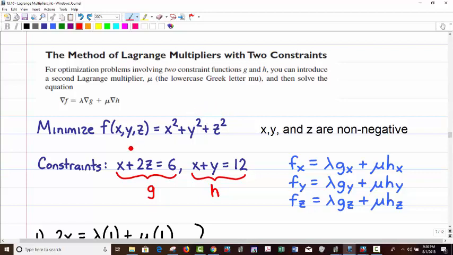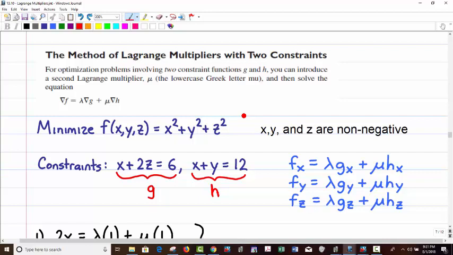So let's minimize this function, x squared plus y squared plus z squared. Now we're saying these are non-negative, so be careful here. Non-negative means 0 is possible. So we do not want to divide out possible zero solutions like I've been sort of taking for granted in some of these other ones, which was correct, of course.